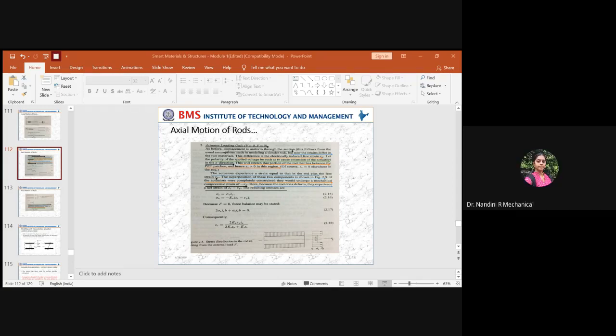Understand three cases. Axial motion of the rod when subjected to mechanical loading, axial motion of the rod when subjected to the actuator loading, and axial motion of the rod when it is subjected to both the loadings. How you evaluate the strain across the given substrate.